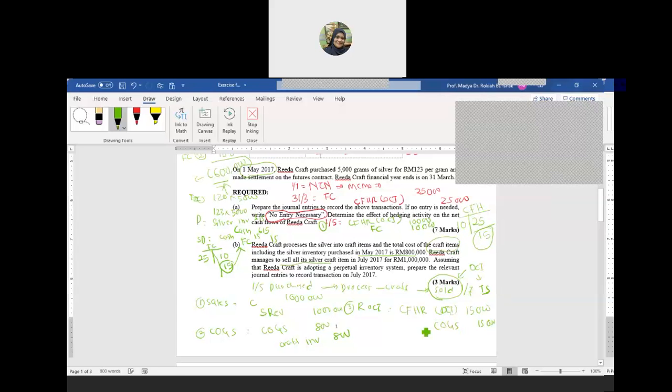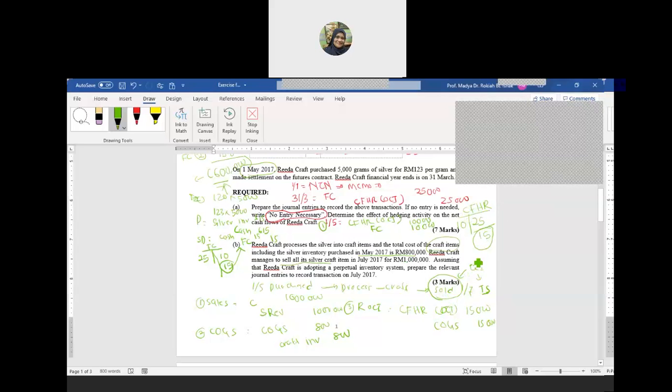Okay, so this is what is called a reclassification. We need to look at the balance of your cash flow hedge reserve, which is in your other comprehensive income. And then the amount here: once we sold, we only recognize the reclassification from other comprehensive income to the income statement when you sold the inventory that you already processed.